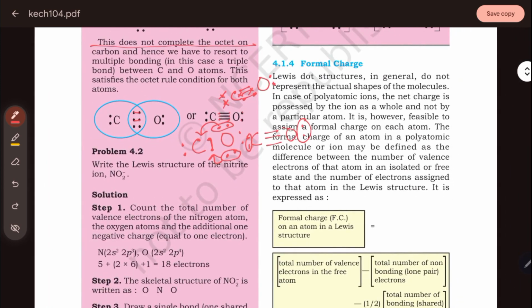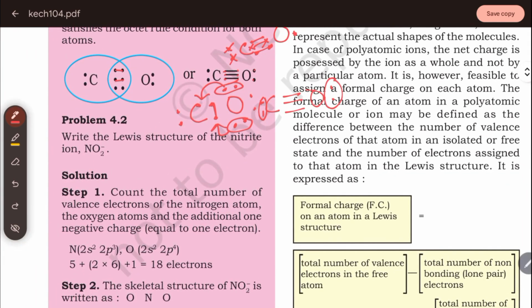Okay, Lewis structure of nitrite. See, you should know the difference between nitrite, nitrate, all these things. NO2 minus is nitrite, NO3 minus is a nitrate. Likewise, sulfate, sulfite, sulfide, all these things you should know.